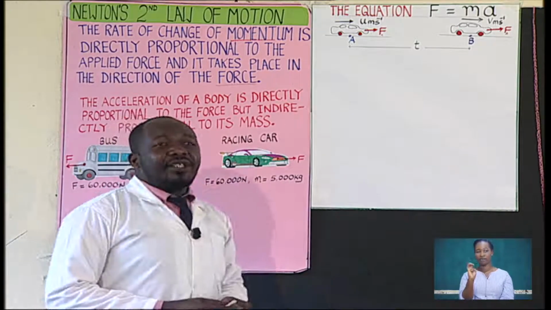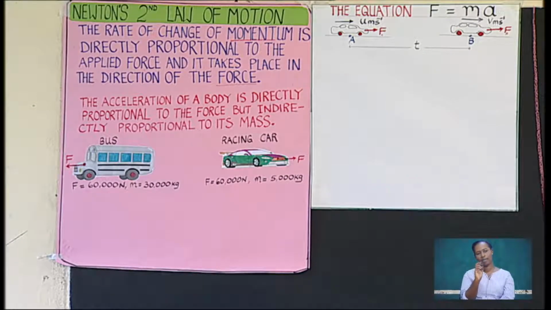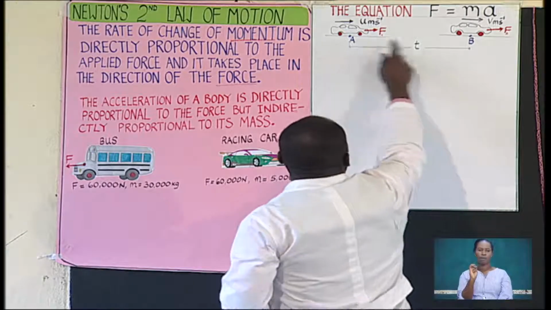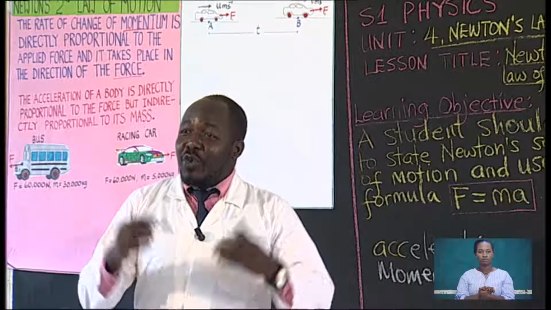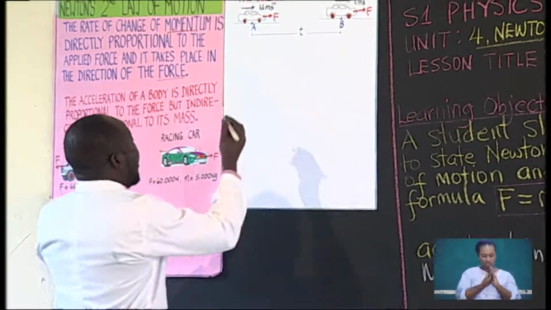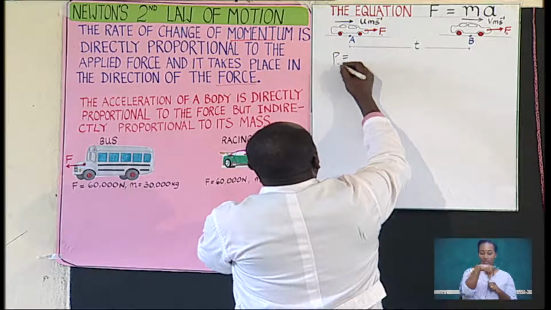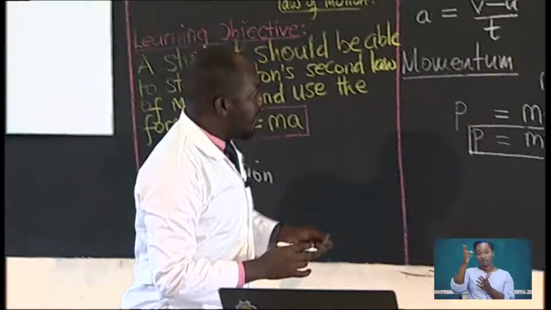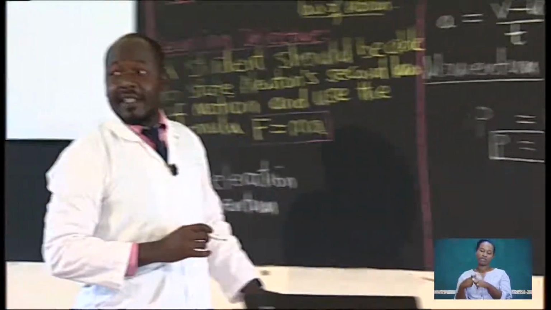Let us look at change of momentum. Now, when you're looking at change in momentum, we need to consider momentum at point A and momentum at point B. Which one is initial momentum? Initial momentum is the momentum that we get at point A. So momentum at A is going to be, remember the formula for momentum, mass times velocity.